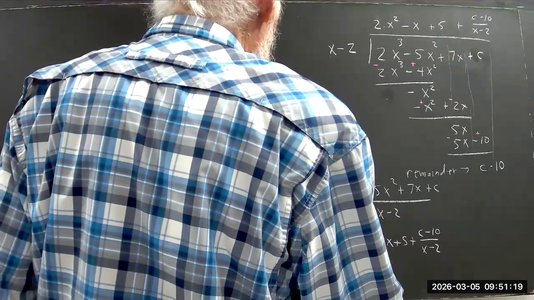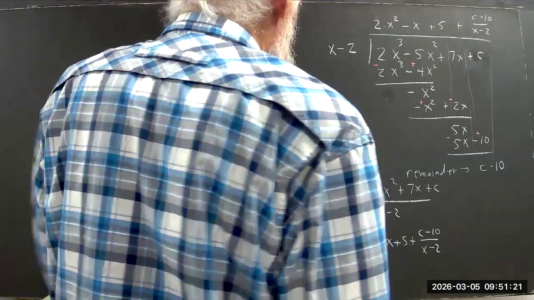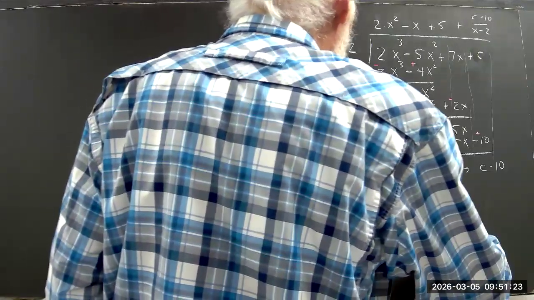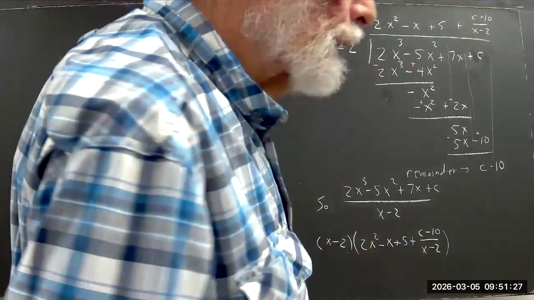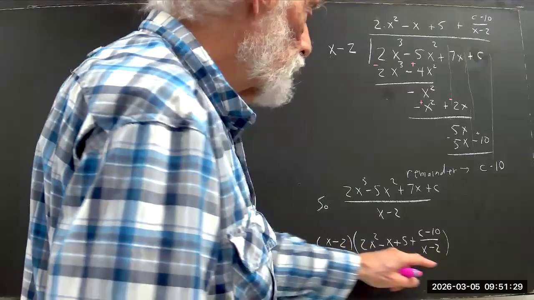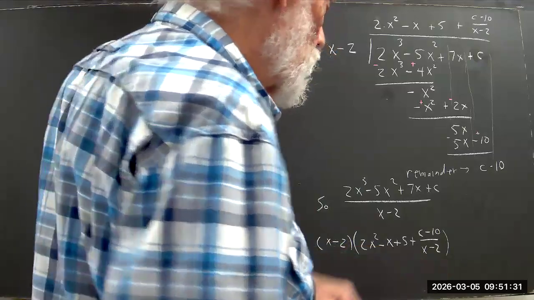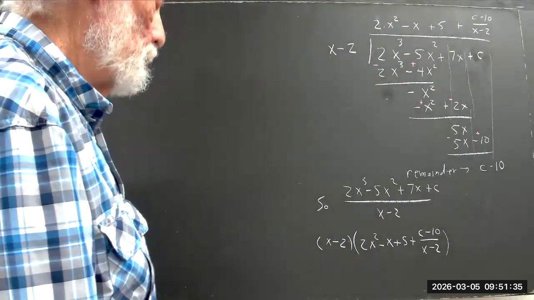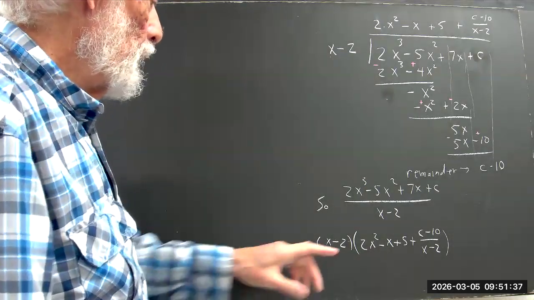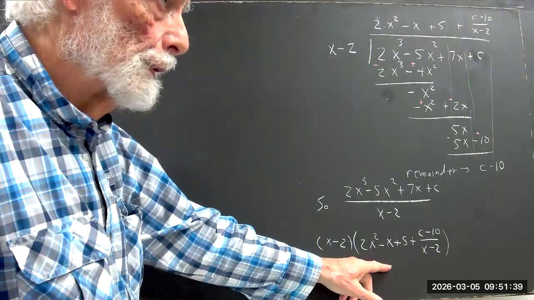So we have x minus 2 multiplied by the entire quotient. We can check this out. We can multiply this out, and that's what I want everybody to do at the moment. Okay, so take a minute and multiply all this out.